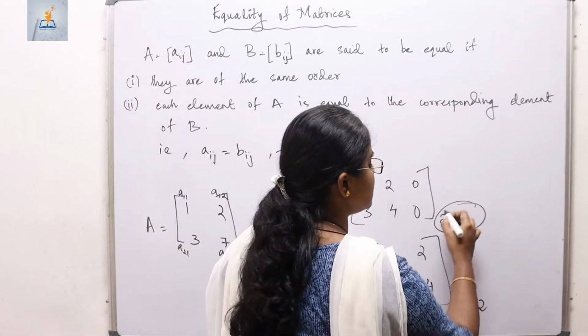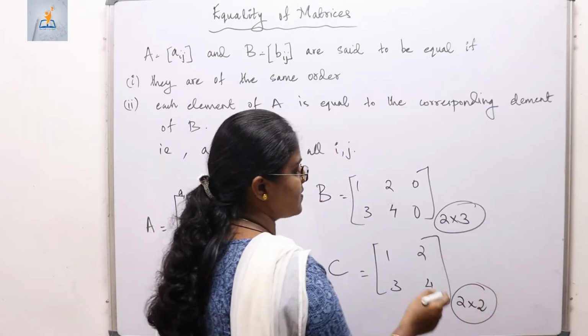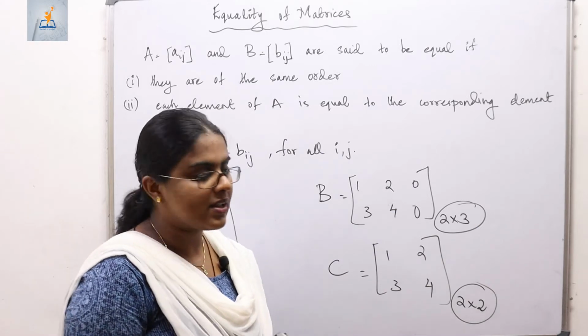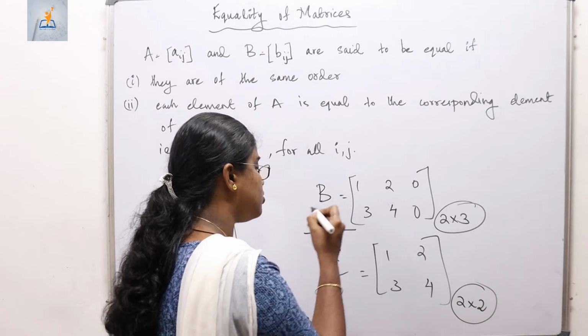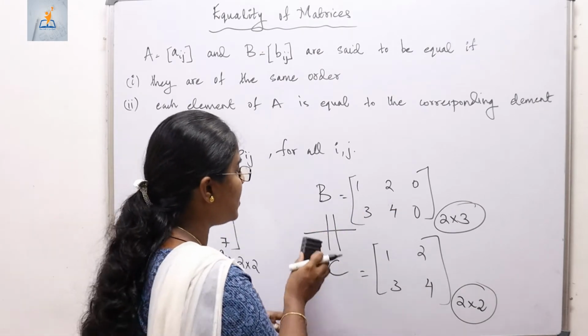Look at the orders. This is a 2 by 3 matrix and this is a 2 by 2 matrix. So the orders are different. Hence we can directly say that both of these matrices are not equal.